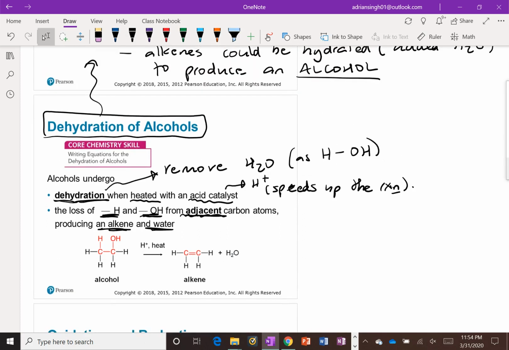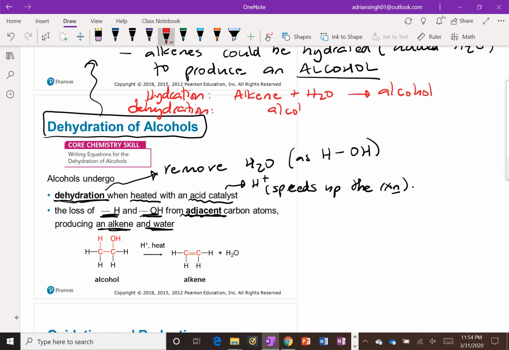All right, so let's think about that for a second. We saw hydration, where we had an alkene plus water to make an alcohol, right? And now we're saying in a dehydration, we're going to take an alcohol and we're going to remove water from it.